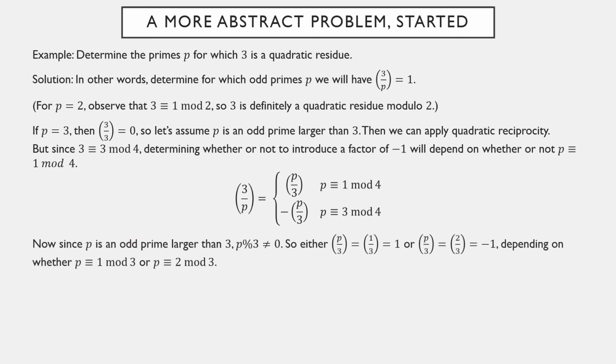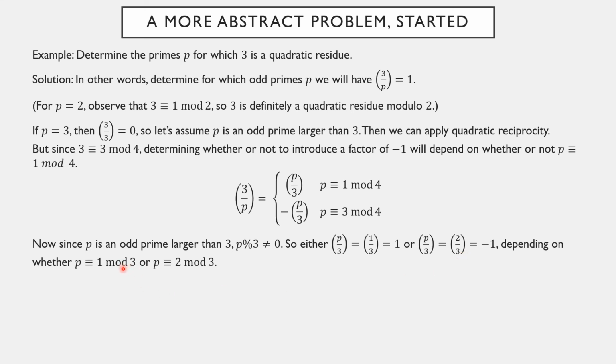Now, p is an odd prime larger than 3, so the value of the Legendre symbol (p/3) is either (1/3), because p might be equivalent to 1 mod 3, and the Legendre symbol (1/3) is definitely 1, or p might be equivalent to 2 mod 3, in which case the value of the Legendre symbol is minus 1, because here I have a 2 and a prime not equivalent to plus or minus 1 mod 8.